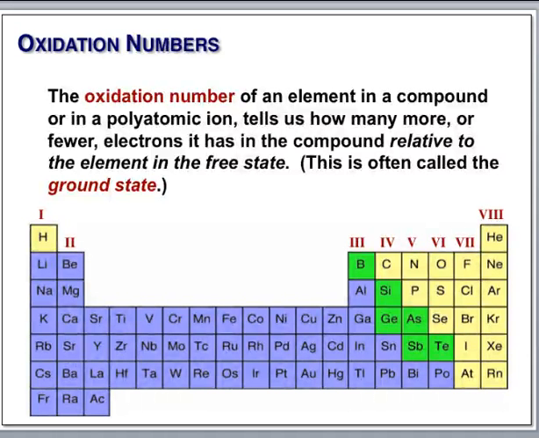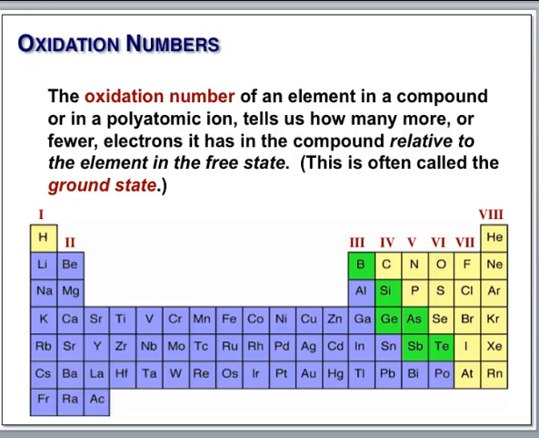As we said, the oxidation number starts off with the element in its standard state, sometimes called the ground state. This is just the stuff as you find it on the periodic table. Copper metal, carbon as an element, oxygen, nitrogen, etc., just as they are in their standard state, not in a compound.